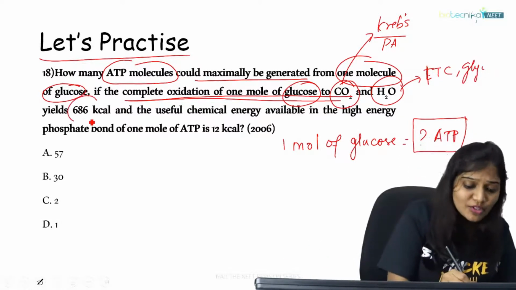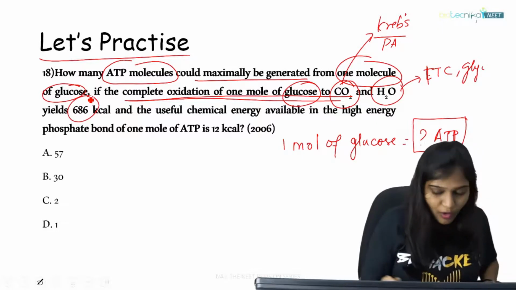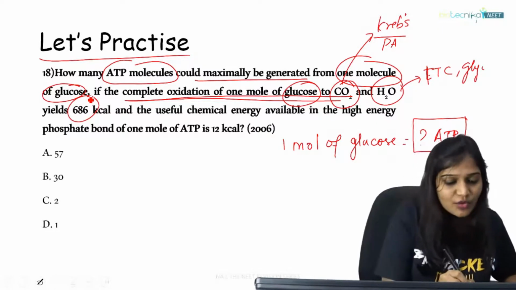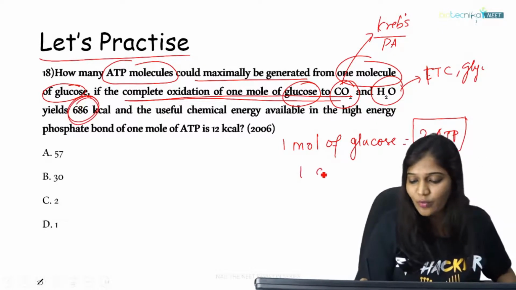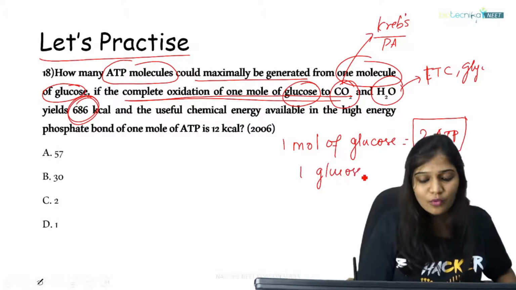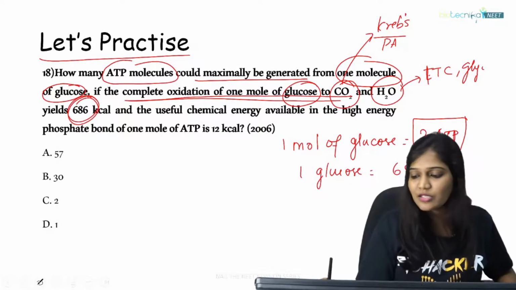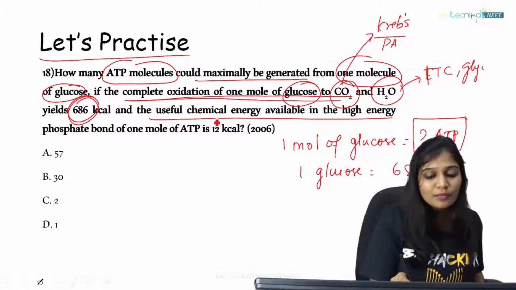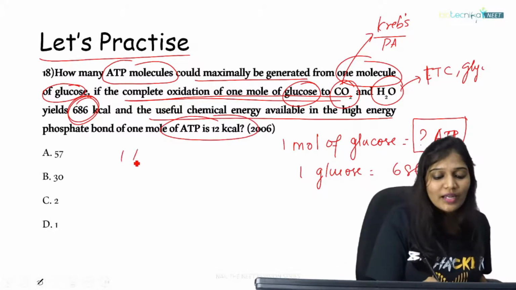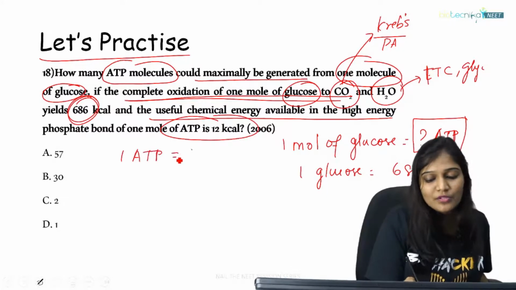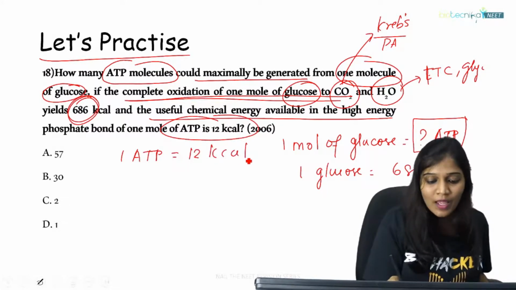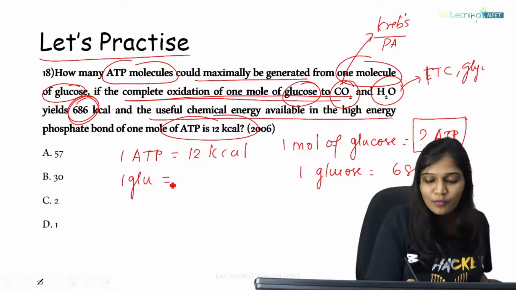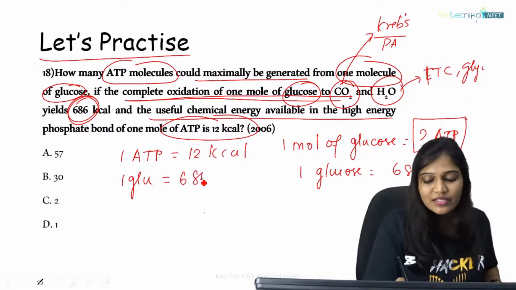Okay, and how much energy are they going to give you? It is going to be 686 kilocalories. So one glucose is going to give you energy of 686 kilocalories. And it is available in the high energy phosphate bonds. 1 mole of ATP is going to give you 12 kilocalories. And 1 glucose is going to give you almost 686 kilocalories.